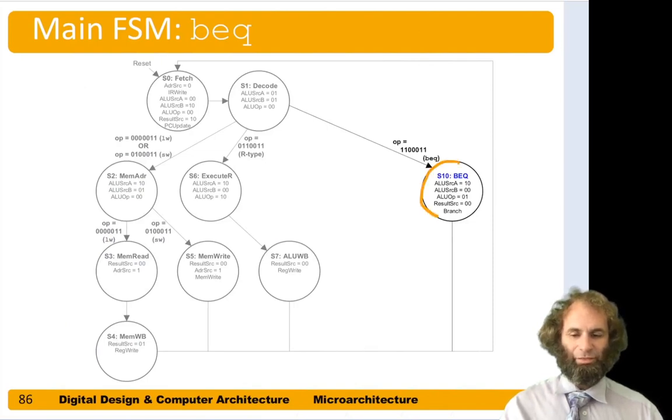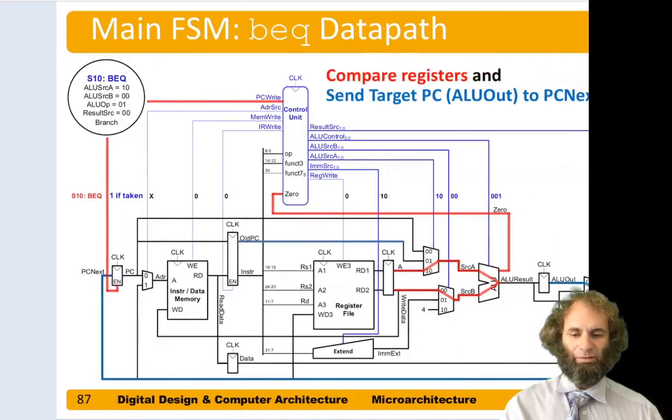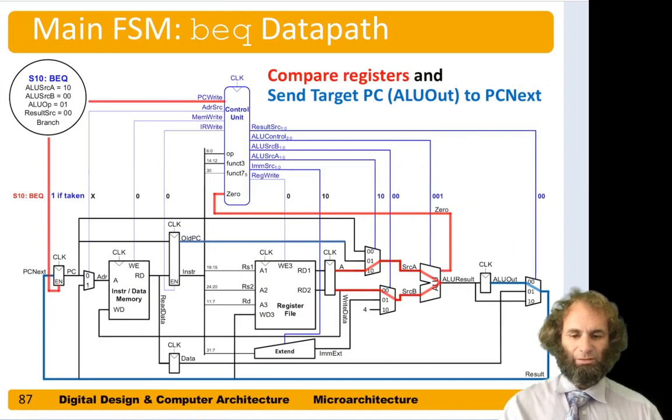Next, we need a third state for branch on equal. When the instruction is branch on equal, we'll go to a state where we compare the registers, and if they're equal, we take the branch. To compare the registers, in this third step, we have our two register values sitting at the output of this flop. We'll select the first one by ALU source A being 1, 0. Source B needs to be 0, 0 also.